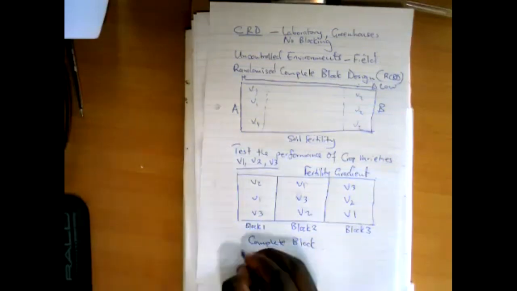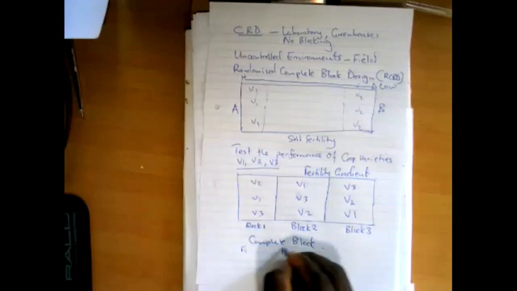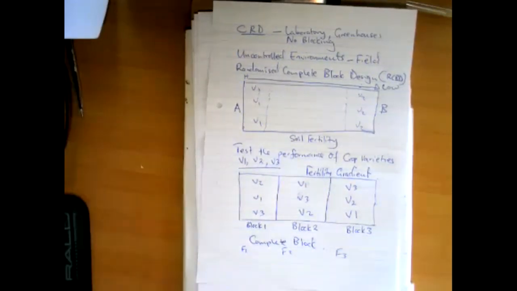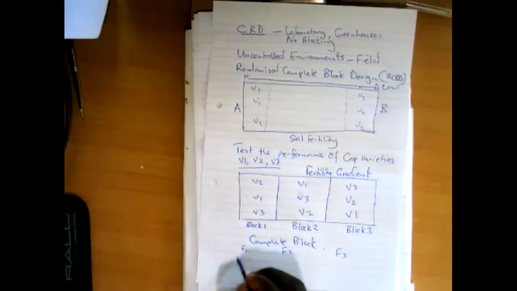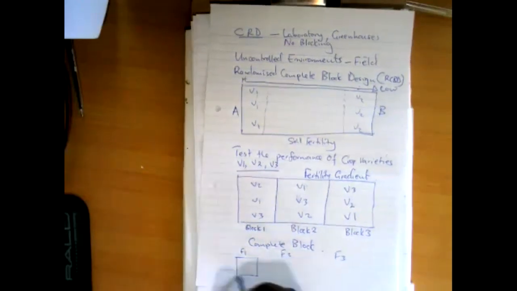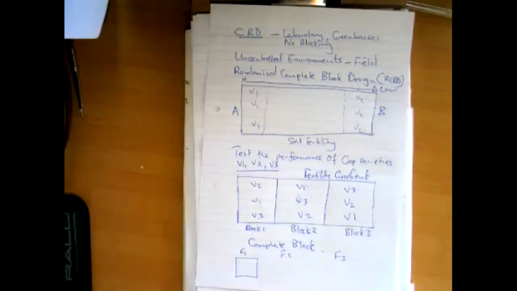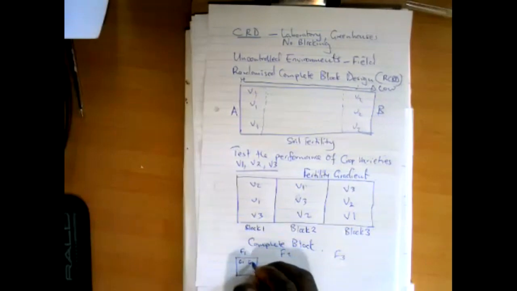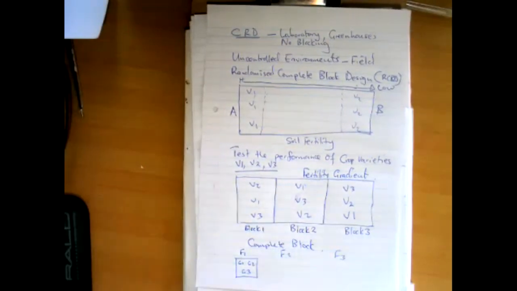If we have feed 1, feed 2, feed 3 that we want to compare, we need to create a block where we put age group 1, age group 2, age group 3.